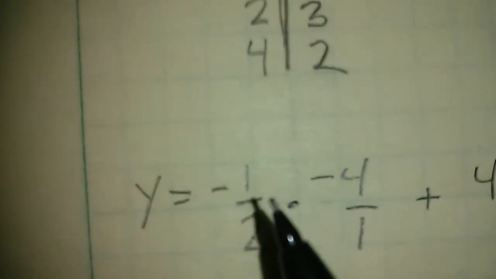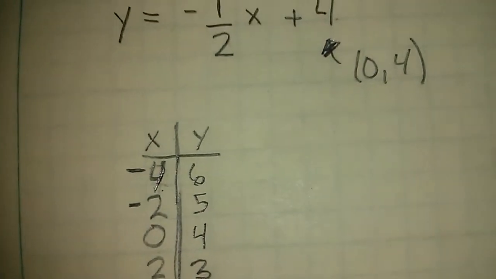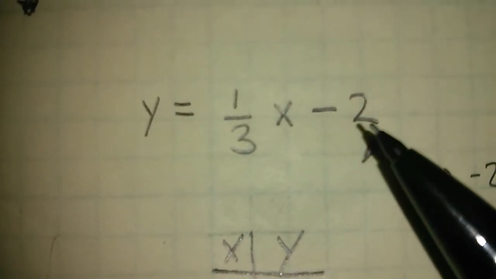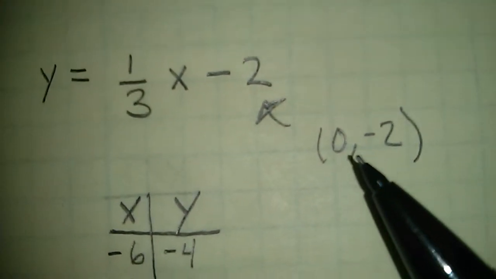And all of these numbers here are going to end up being whole numbers, because all of the values we chose for x, when we plug them in here, are going to be whole numbers, because they're all divisible by 2. So if we have another one, say y equals 1/3 x minus 2, again, the y-intercept is right here, 0, -2.